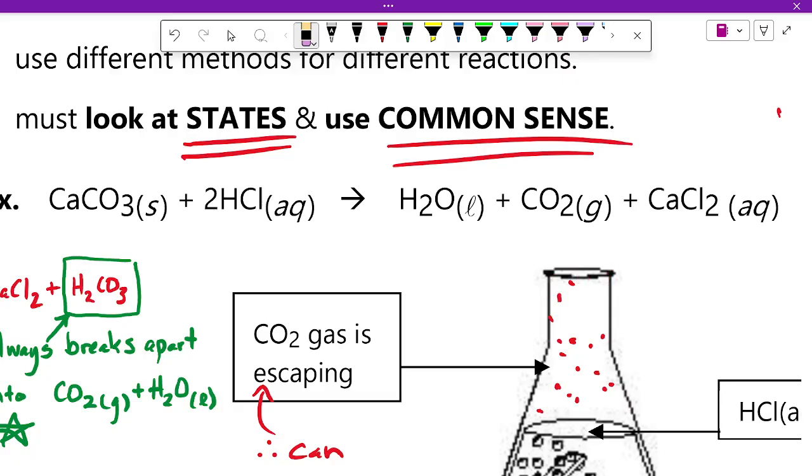You could do the mass of this CaCO3 as long as you got rid of all of it. You would have to use it all up, and you'd have to ask, is it there? Is it there? It's all gone. You couldn't measure it along the way. Do you know what I mean?